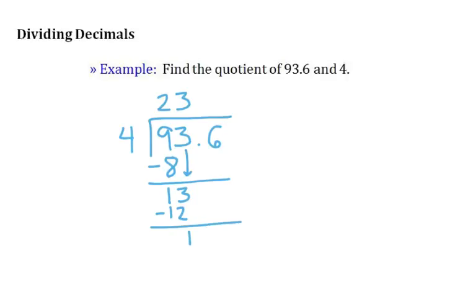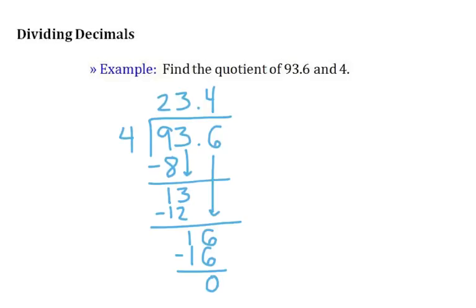4 won't go into 1, so we'll drop down our last value here of 6. Also, while this is happening, I'm just going to make sure to carry my decimal point up straight from where it was inside the box. And we're looking at 4 into 16, that'll go 4 times. So finally we'll subtract off 16 and there is no remainder.